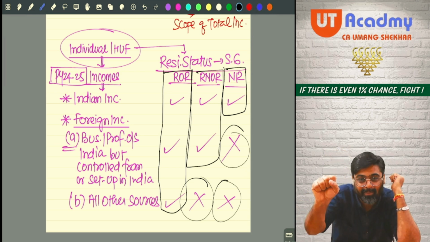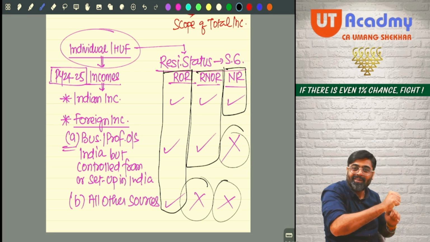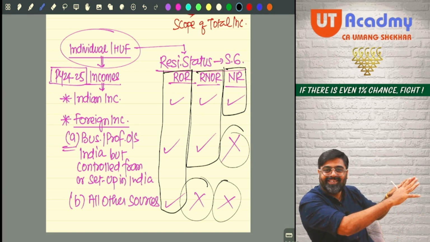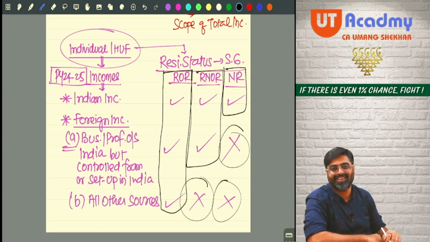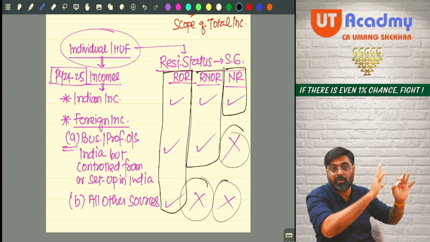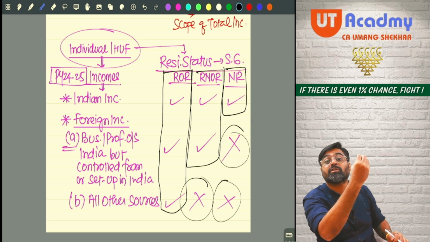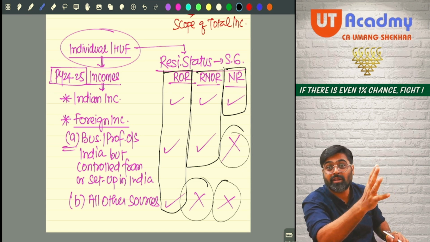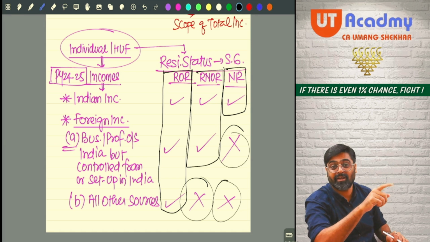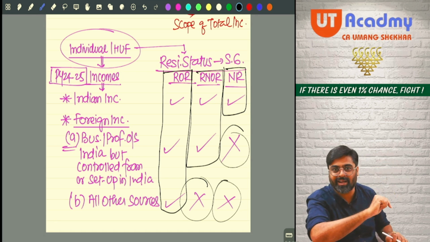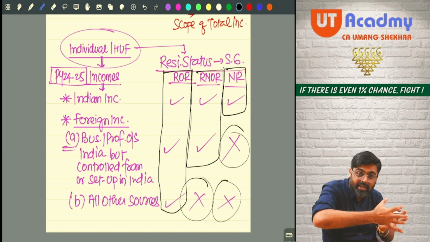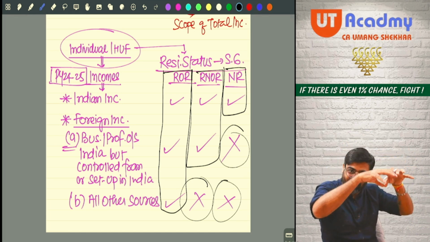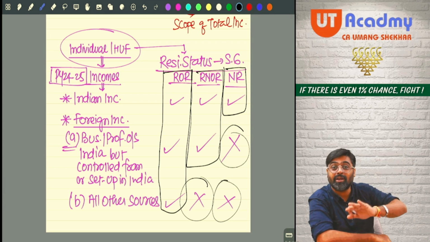Try to grab you, drag you and make you resident. And once you become resident, by default you are ordinary. But we will give you some chance so that you become not ordinary. But if you miss those chances, you don't become RNOR, you are ROR. So that we charge all your incomes to tax in India, whether it is Indian or foreign.